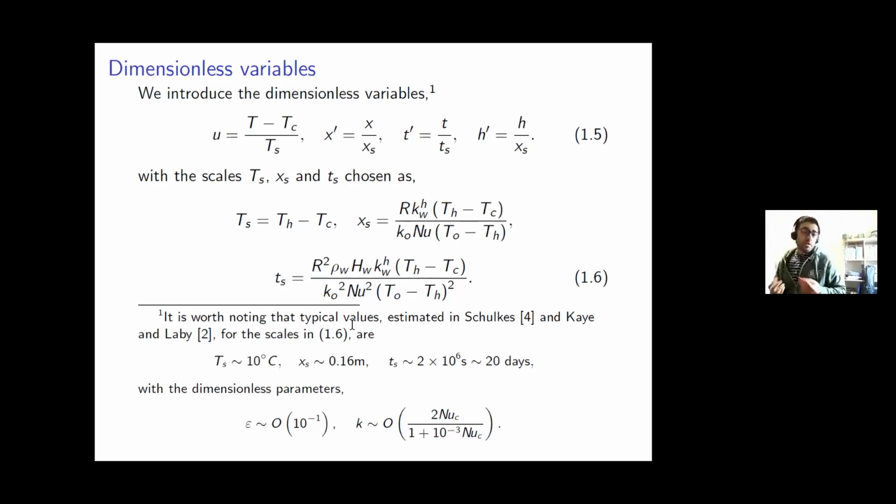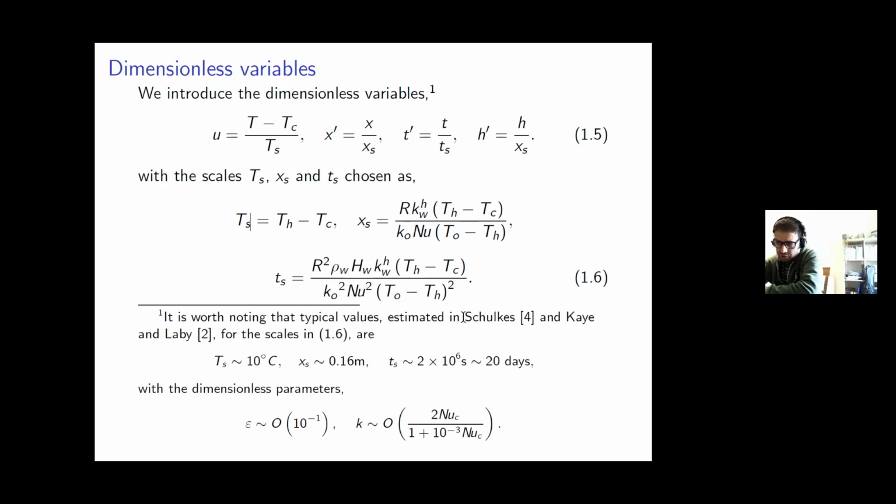Now, it's worth noting here that there are industrial reports written on this topic. So we can estimate from experimental data what reasonable values for the time scale, the length scale, and the temperature scale can be. I think one of these is a National Physical Society report from Kay and Leiby.